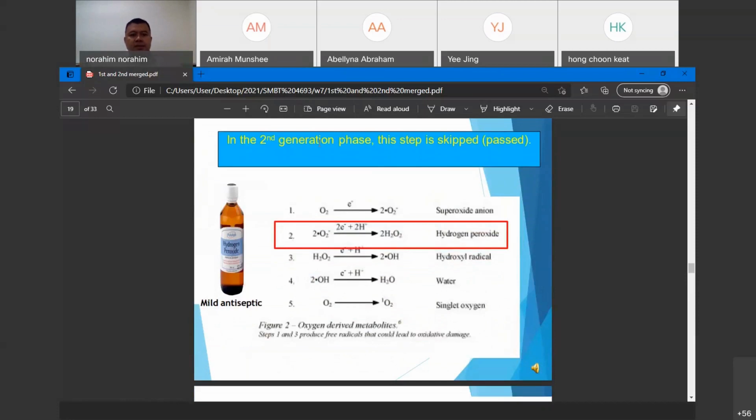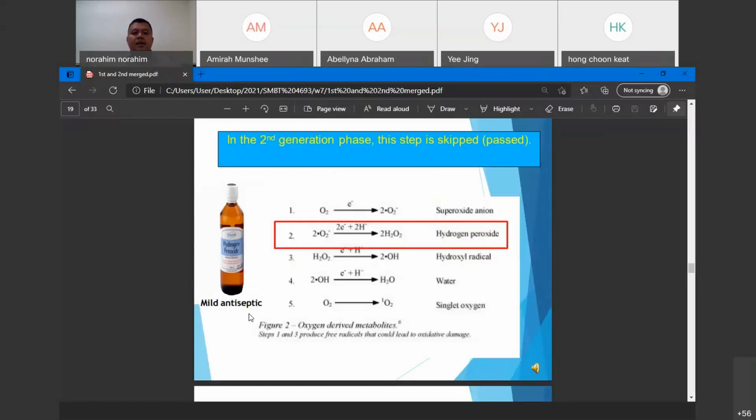So in the second generation phase, this step, okay, this step here, number 2, where you are producing hydrogen peroxide, there is no more this. Yeah, this has been skipped. So this is your hydrogen peroxide. It's a mild antiseptic that we use in medical and in the labs.